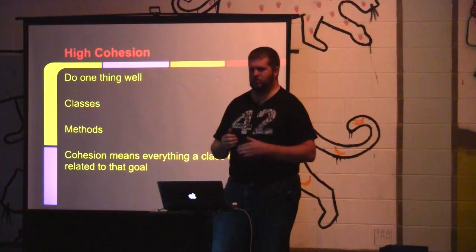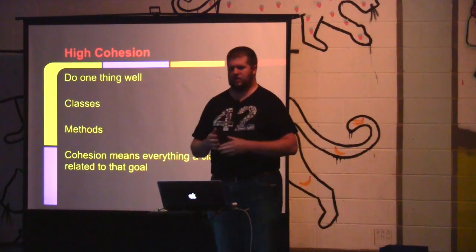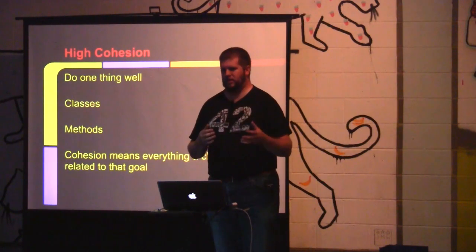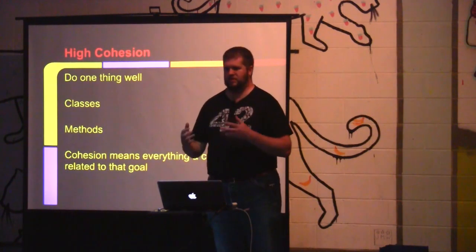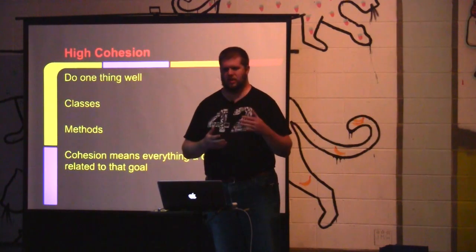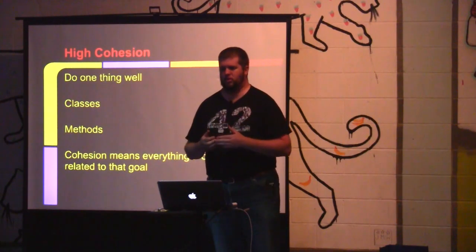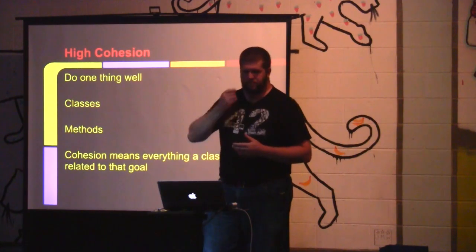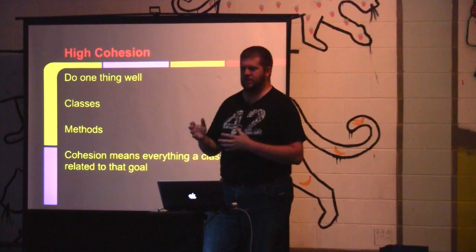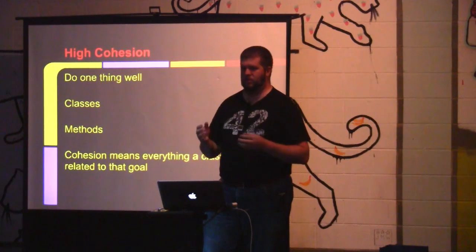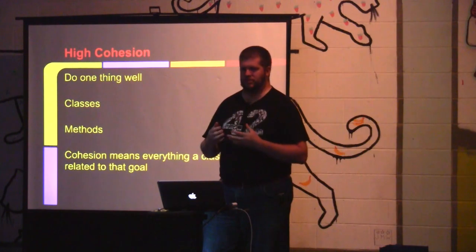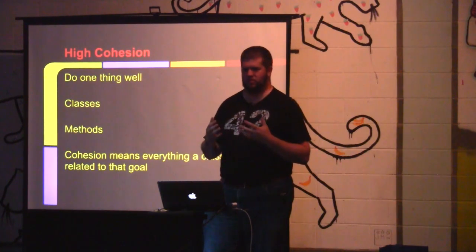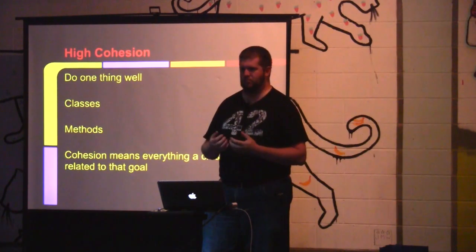And there's a couple of different levels of that throughout, including communication cohesion, so they can talk to each other, or they're related based on what they're doing, or related based on the order of how you're going to call things. By having a class with loose coupling and high cohesion, you are making it easier for you to build classes that are more powerful, and they can be recombined and rebuilt and reused in different ways.